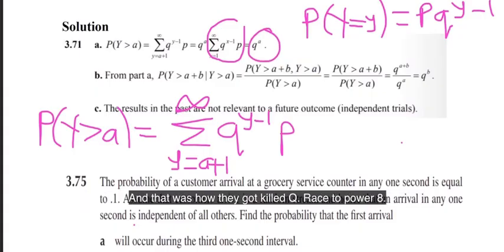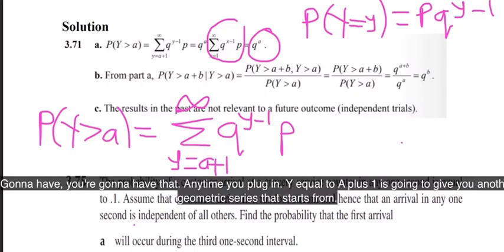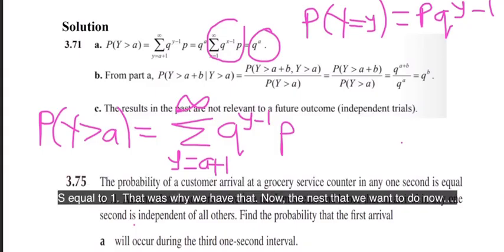And that was how they got q raised to power a. Anytime you plug in y equal to a plus 1, it gives you another geometric series that starts from 1.